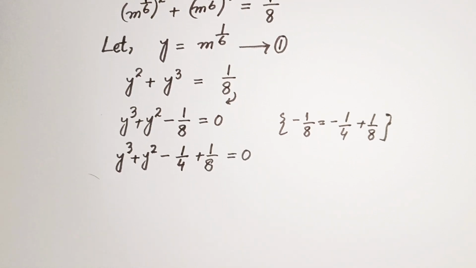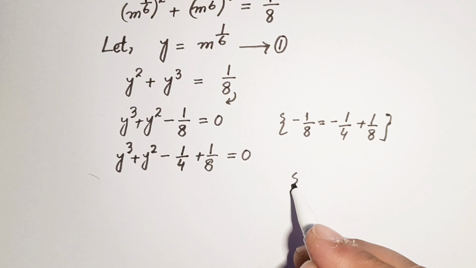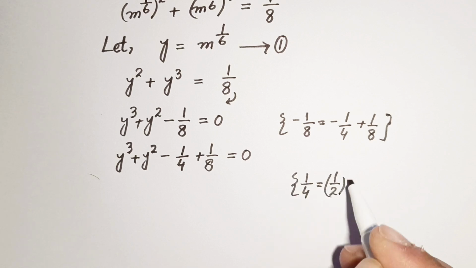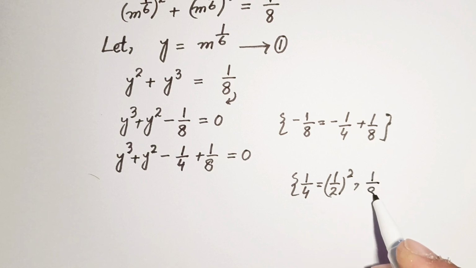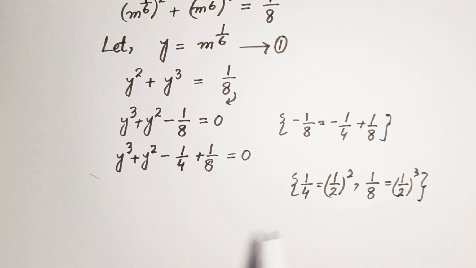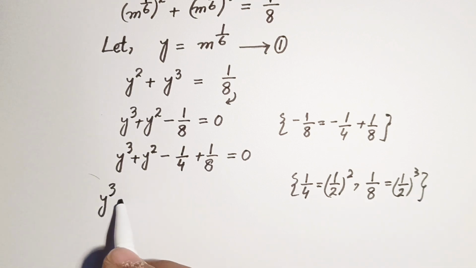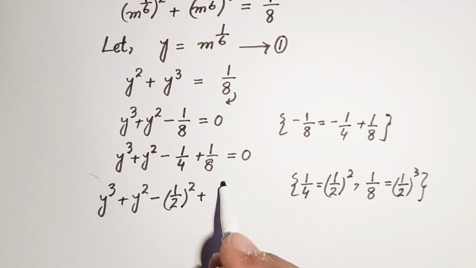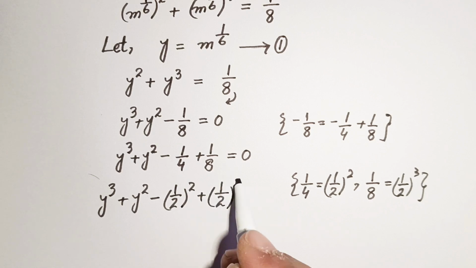We also know that 1 over 4 is 1 over 2 whole squared, and similarly 1 over 8 is 1 over 2 whole cubed. So this becomes y cubed plus y squared minus 1 over 2 whole squared plus 1 over 2 whole cubed is equal to 0.